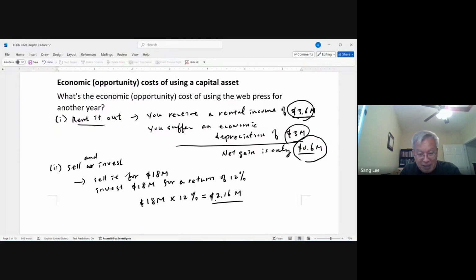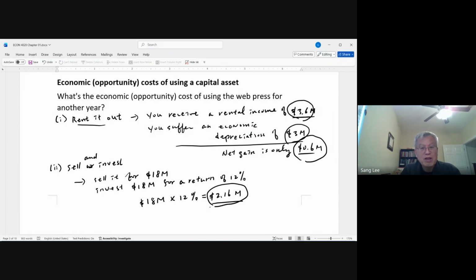Or can you beat this much investment return you can get when you sell the machine and invest the money? Okay, so you have to compare it. Relative to these two options, is using the machine for another year justified? Is it worthwhile to ignore these other two options?